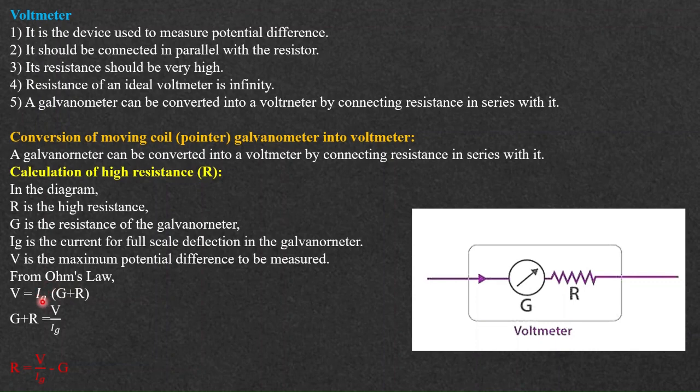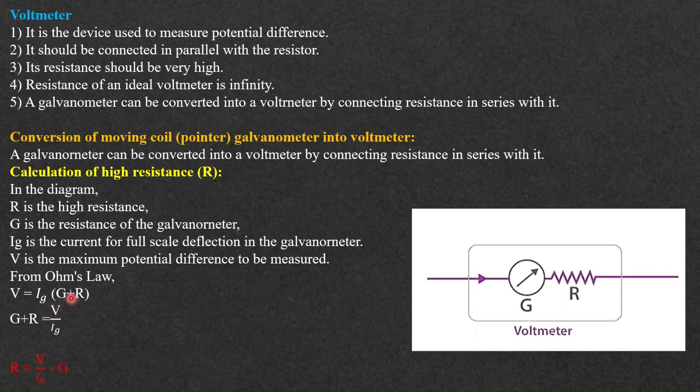What is the current flowing here? It is Ig, the current flowing through the galvanometer. So we need to find the resistance R that we need to connect in series with the galvanometer to convert it to a voltmeter.